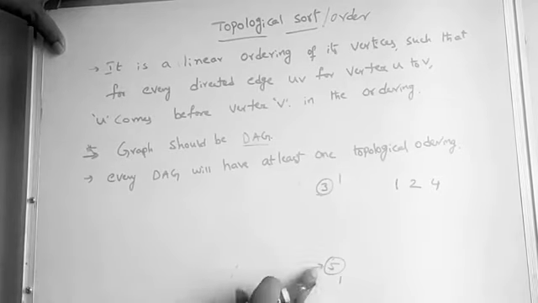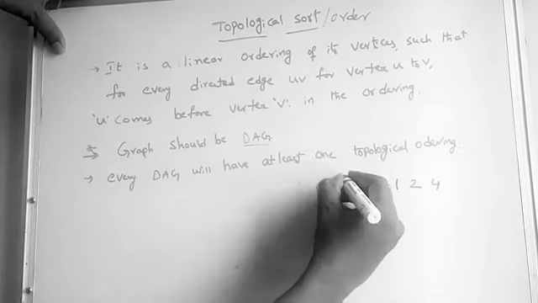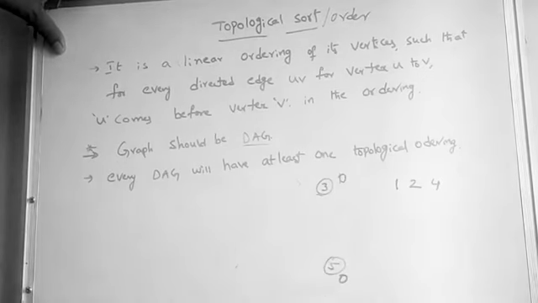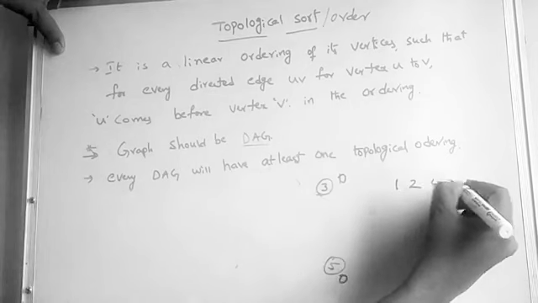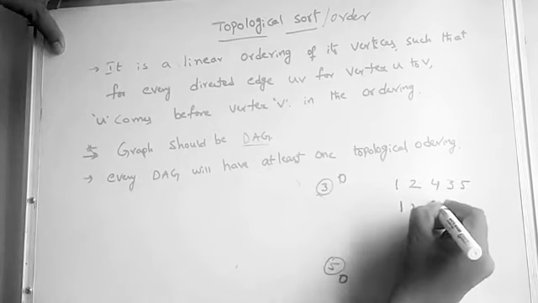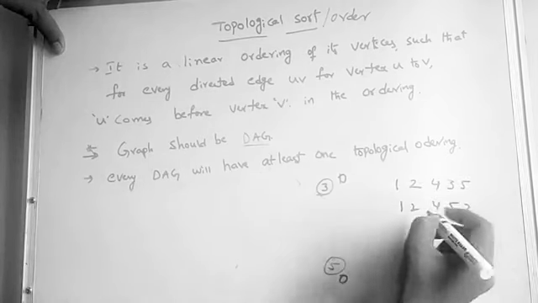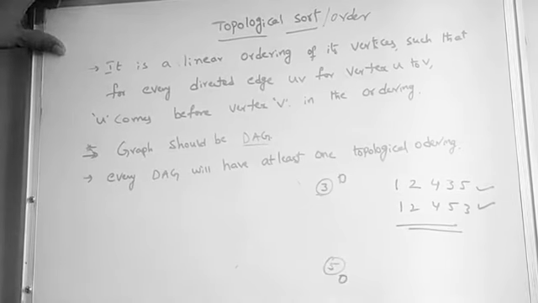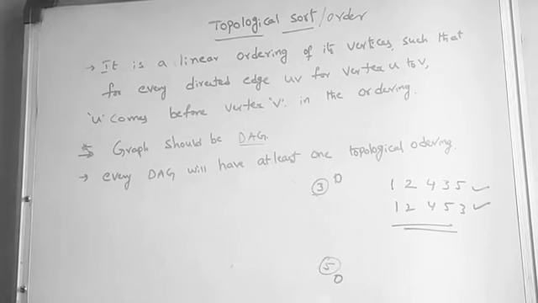Now these two vertices do not have any in degree, both become 0. So the order ends with either 3 5 or 5 3. Both are correct. This is how to find the topological order of the given graph.